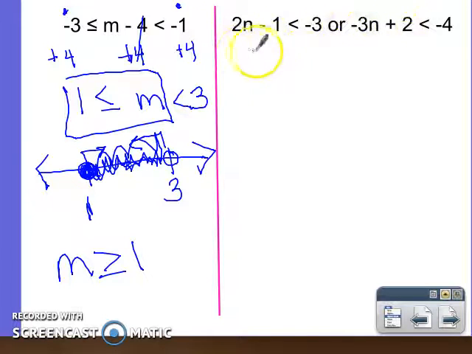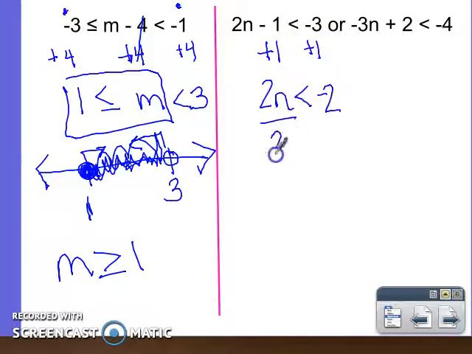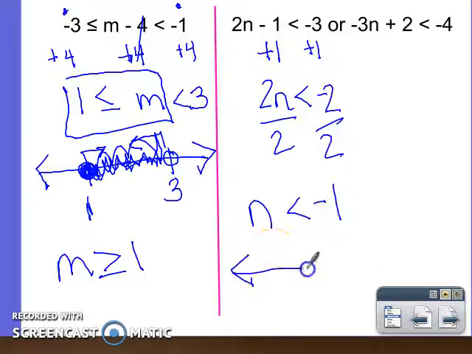Alright, we got an OR, so we're going to do 2 separate ones. Add 1, we get 2n is less than negative 2, divide by 2, we have n is less than negative 1. So if I wanted to, I could graph that right away, I could solve them both, and I might solve them just because it might change the way my graph looks.